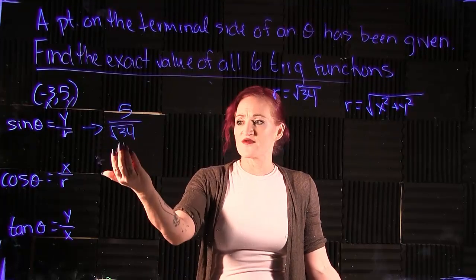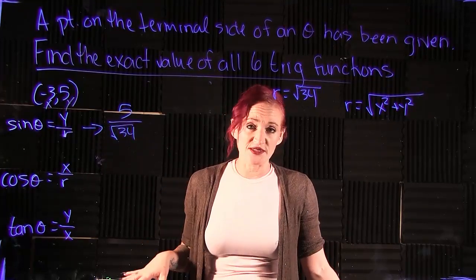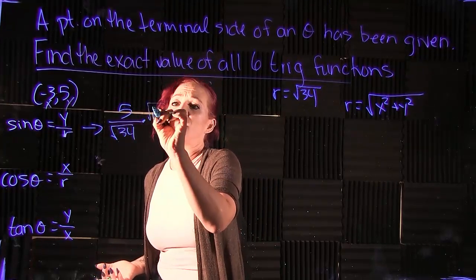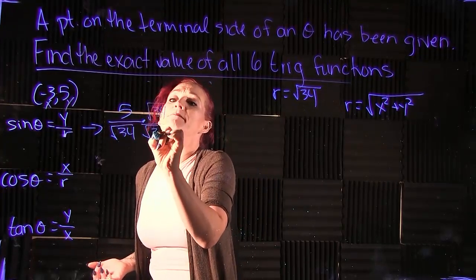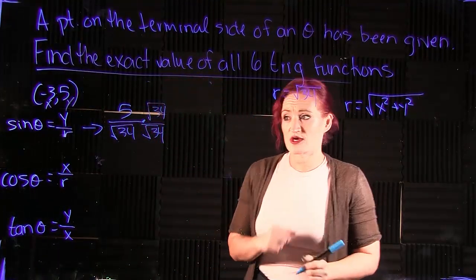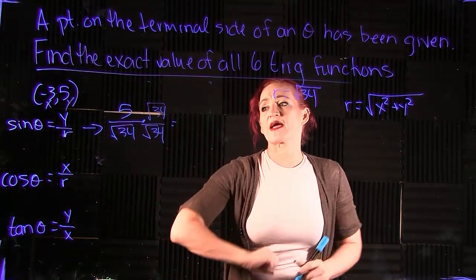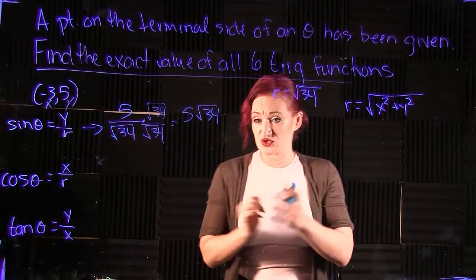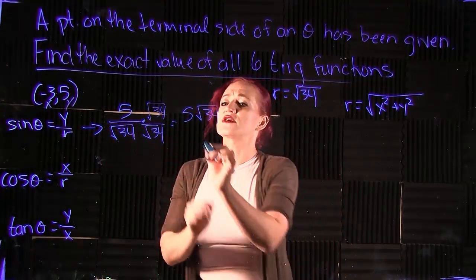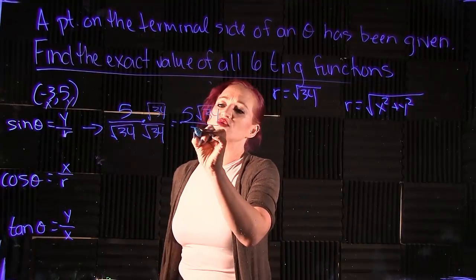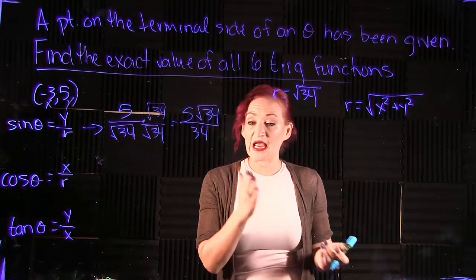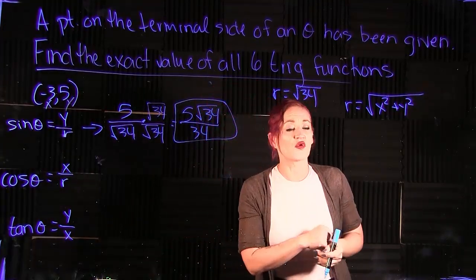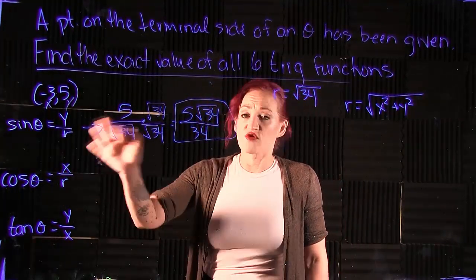If you have a radical in the denominator, it is not considered simplified. You get rid of it by multiplying this whole fraction, top and bottom, by the square root of 34. Multiply across. 5 times the square root of 34 is just 5 times the square root of 34, and the square root of 34 times the square root of 34 is 34, giving us 5 square roots of 34 over 34 for sine theta.